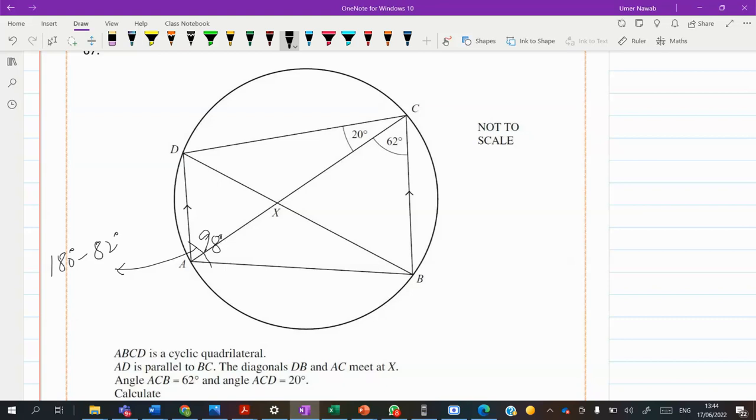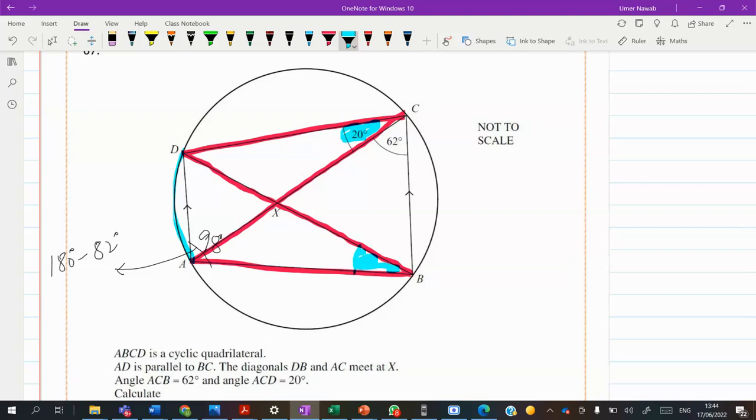Now use the property of angle in the same segment. If I use this arc that produced an angle 20 on the circumference, and also if you join the endpoints of arc AD to another point on the circumference, which is point B, you'll get the same angle. So this is 20, this is 20.